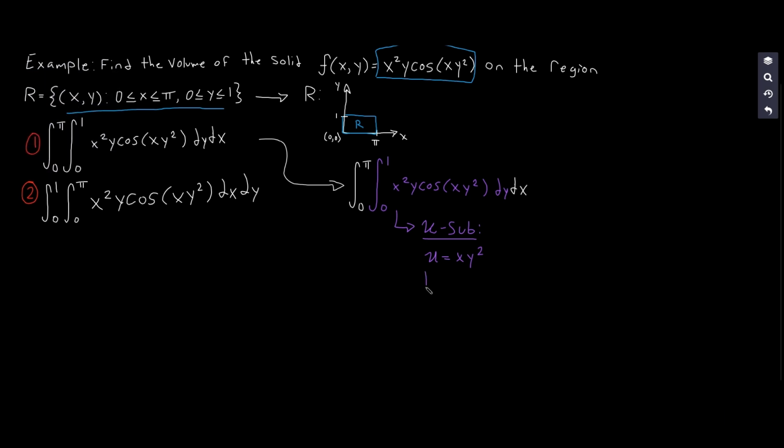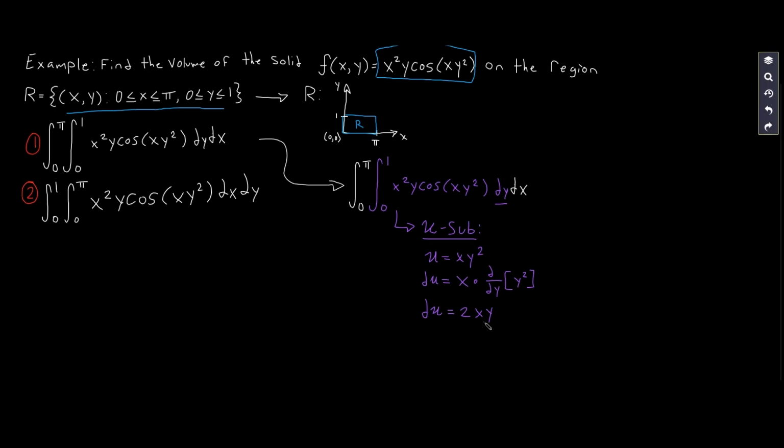So that's the case. du is going to be, because we're doing it with respect to dy, x times the derivative of y squared, and then that's going to be du equals 2xy, not dx, dy.